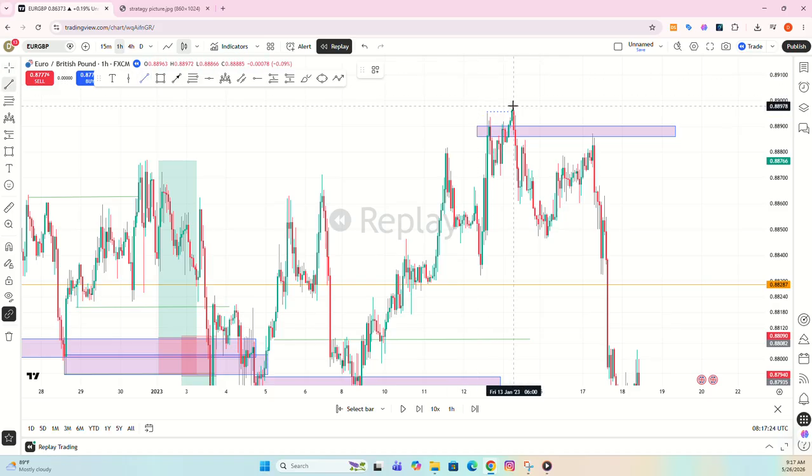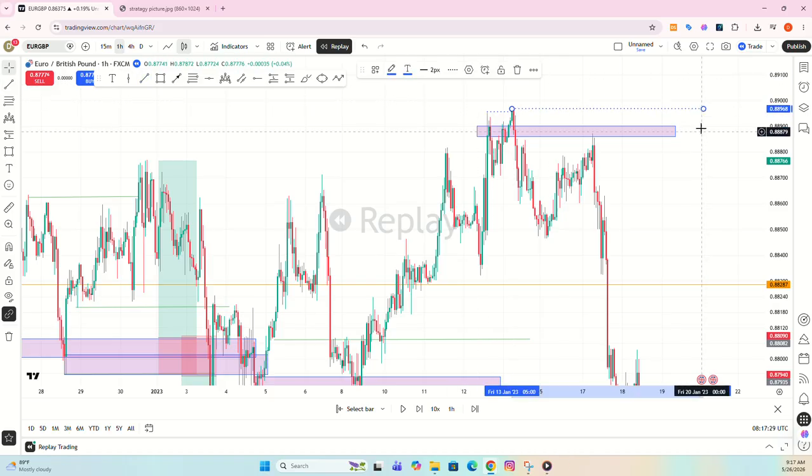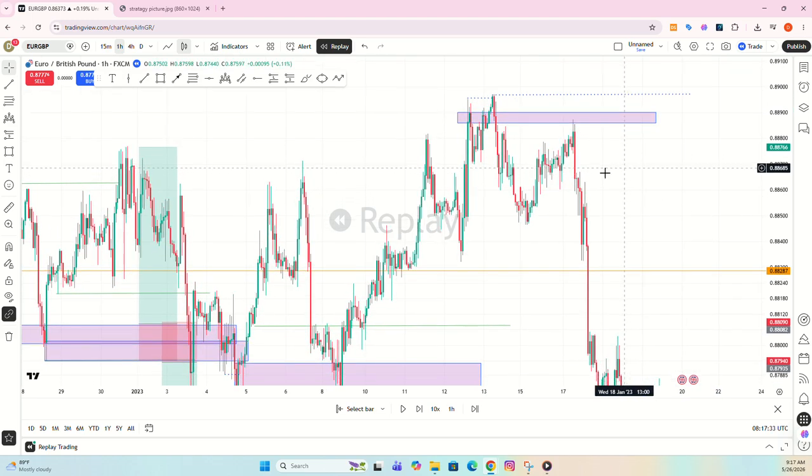We don't expect. This is our protected low. Protected low. This is our structural liquidity.